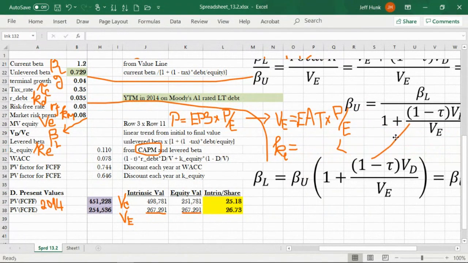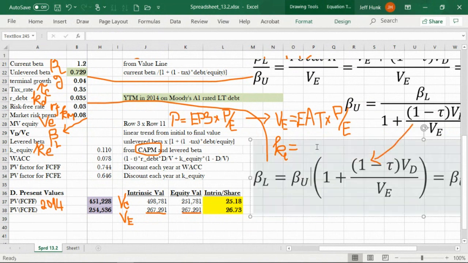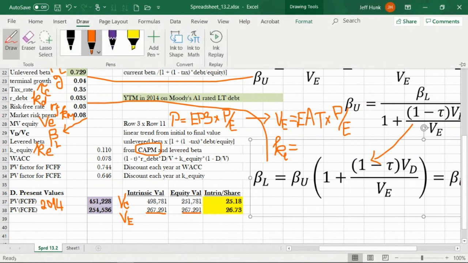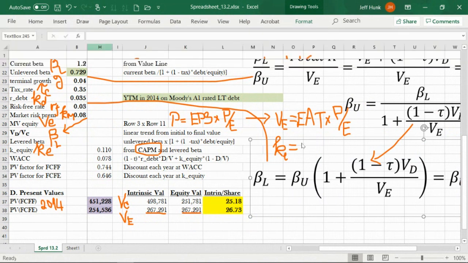I'm going to have to move this here. Okay. And we all know CAPM is what?